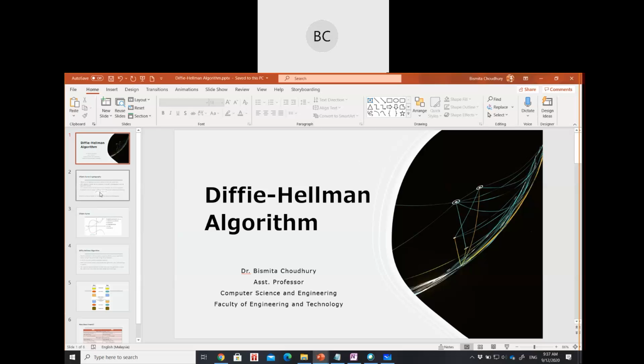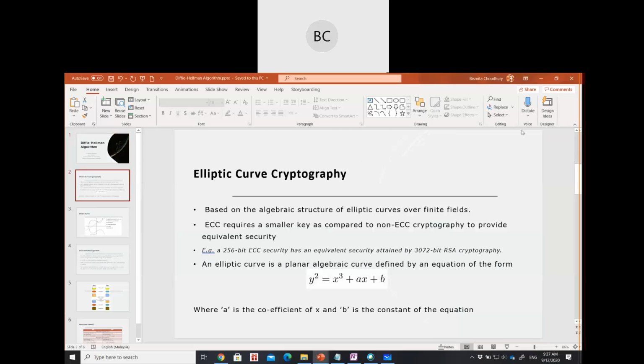So, what is the Diffie-Hellman algorithm? It's based on elliptical curve cryptography, so it's just a type of elliptical curve cryptography. The main thing is that here it's not based on prime values, and this involves mostly linear algebra.